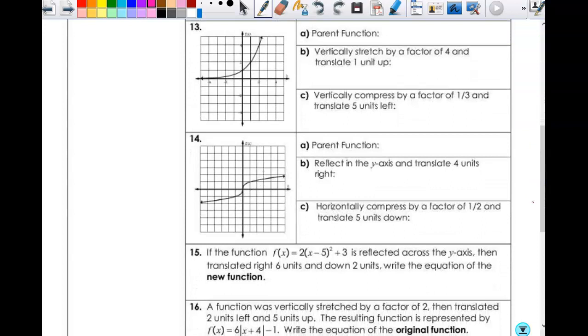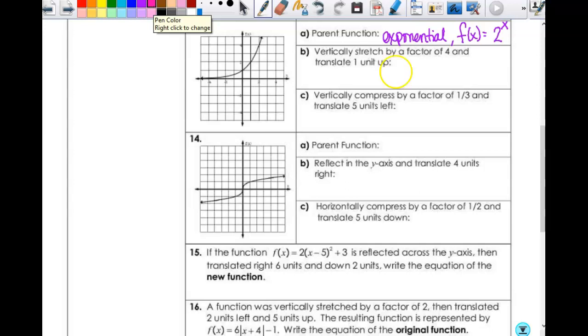What's this one called? Exponential. And this one happens to be, and I know that the base here is 2. The way I know that it is 2 is that at 1, I'm at 2. So this is going to be 2 to the x power. So I'm going to vertically stretch, that's a y thing, and translate up, that's a y thing.